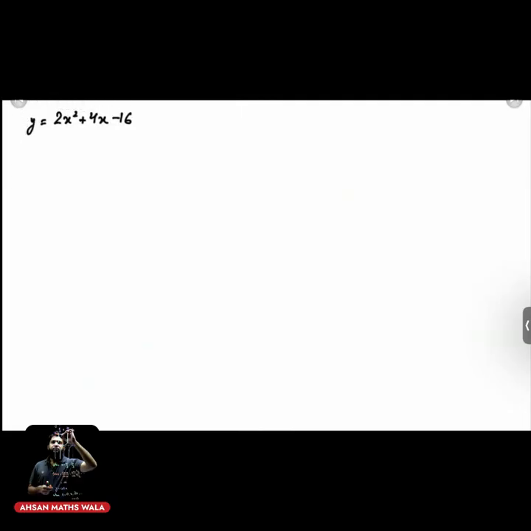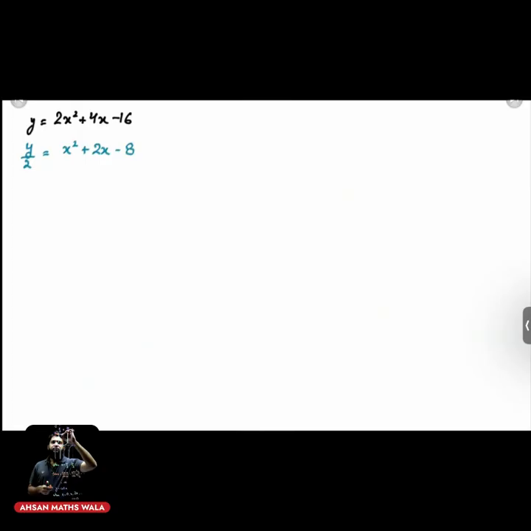Okay, first of all, completing the square says that the coefficient of x square should be 1. Right now, the coefficient of x square is not 1. So I will divide the complete equation by 2.